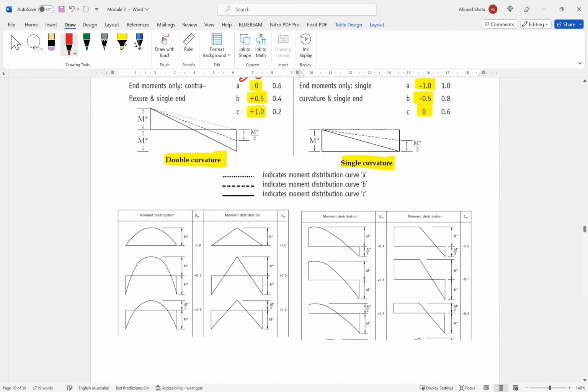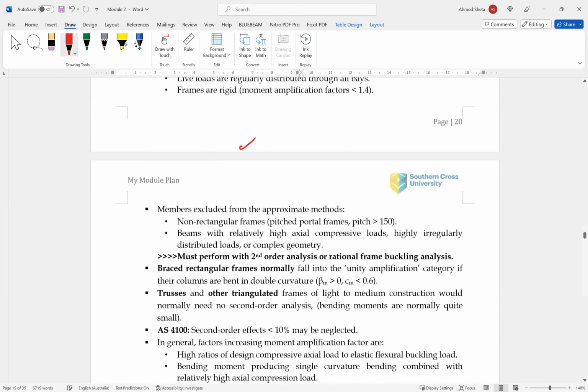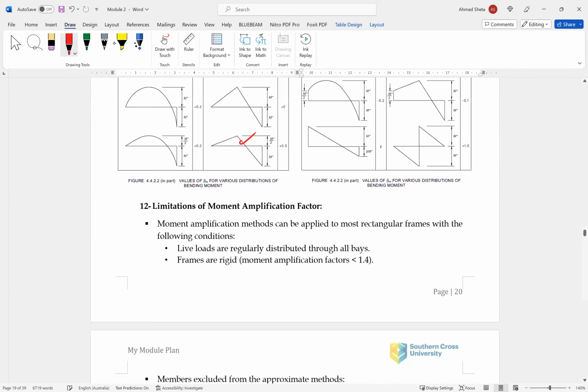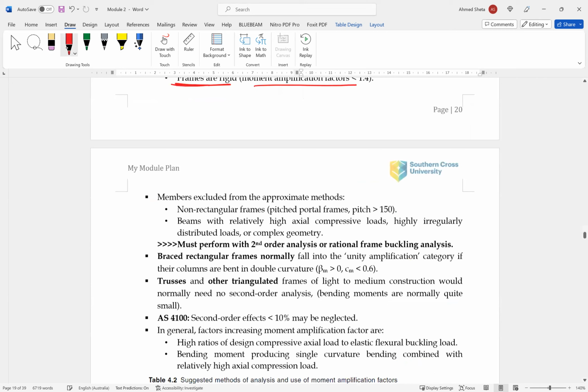So the last point in this part is the limitation of moment amplification factor. What are the problems or drawbacks with the moment amplification factor? The moment amplification factor method can be applied to most rectangular frames with the following conditions: live loads regularly distributed through all bays. Frames are rigid, moment amplification factors less than 1.4.